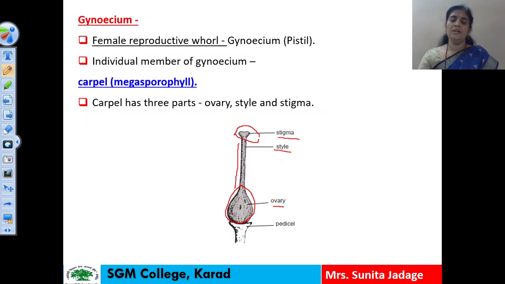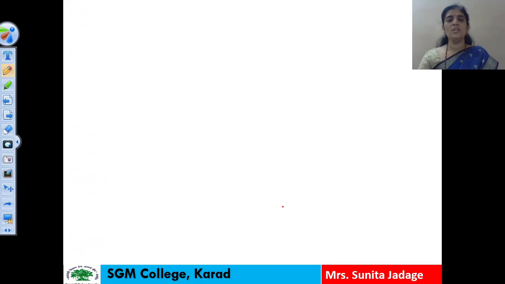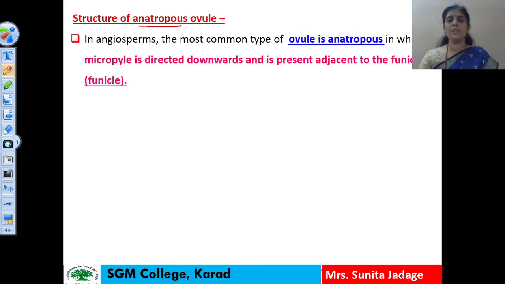First of all we have to see the detailed structure of the ovule which is present inside this ovary. In angiospermic plants, the common type of ovule is known as the anatropous type of ovule. So in angiospermic plants, most commonly we can observe the anatropous ovule.